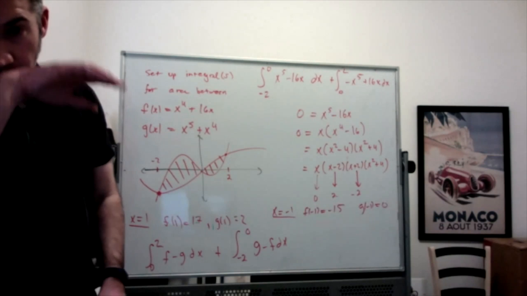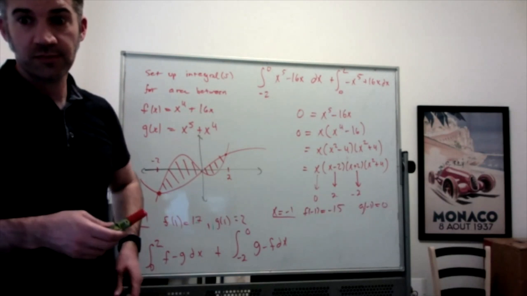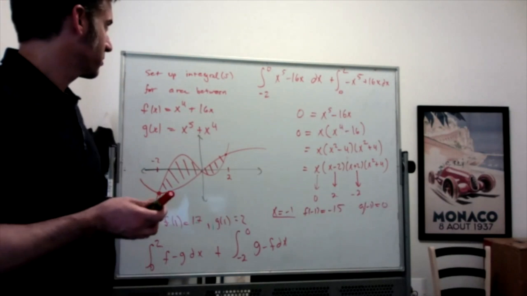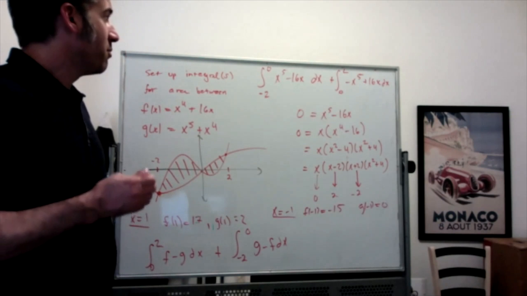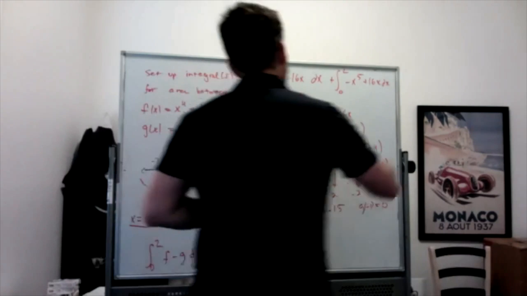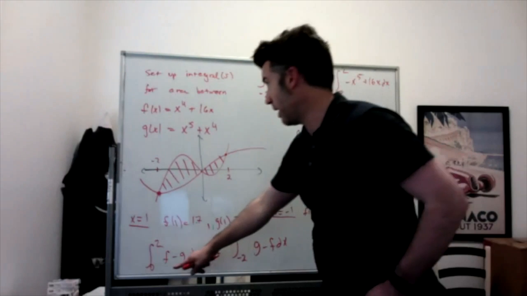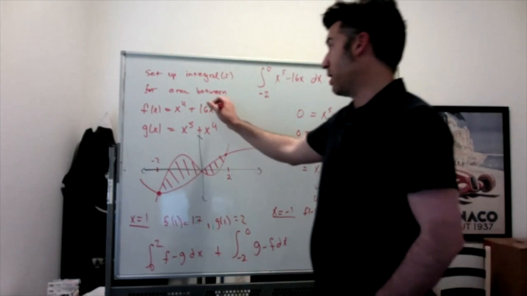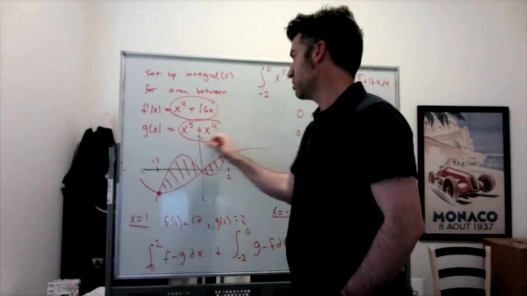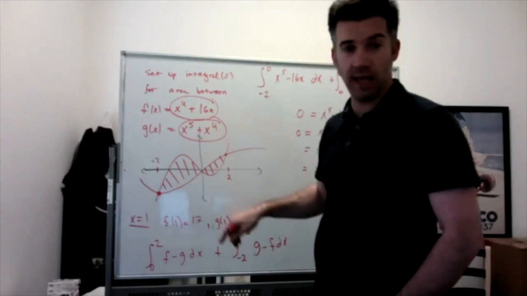I have a good question for the integral from 0 to 2 of negative x to the power of 5. How come we made it into a negative? Because from 0 to 2, right, we're doing f minus g. And if you do f minus g, it's this minus that.